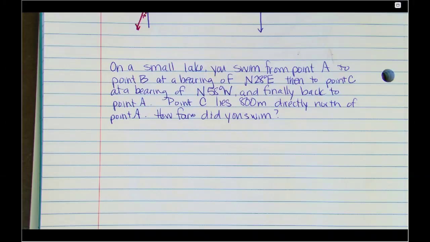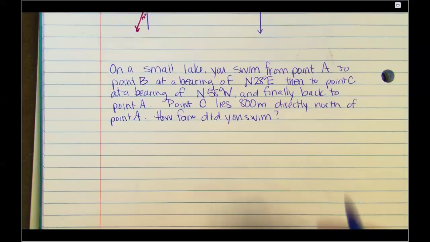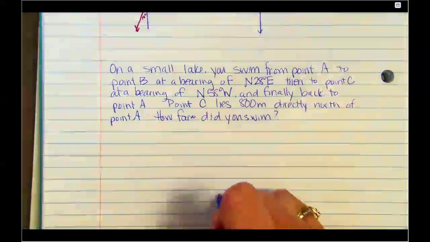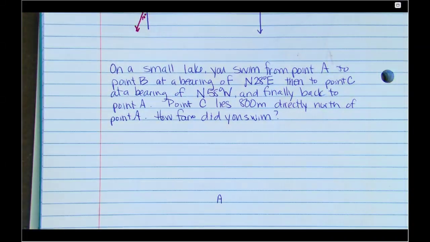So when you do this, starting at point A, and you have no idea where you're going, I would put it in the middle of your paper just to make sure that you have room. This is how you would also take compass bearings out in the woods.